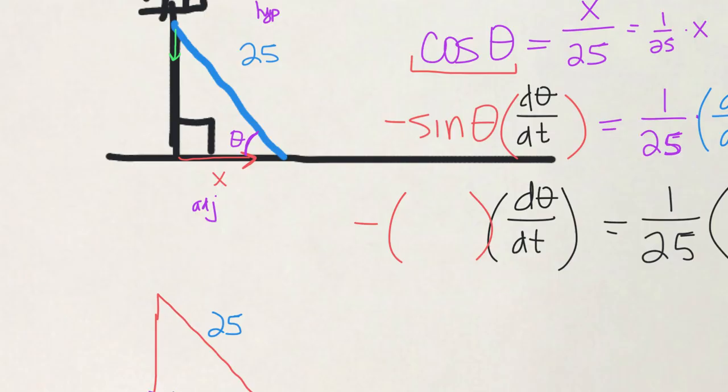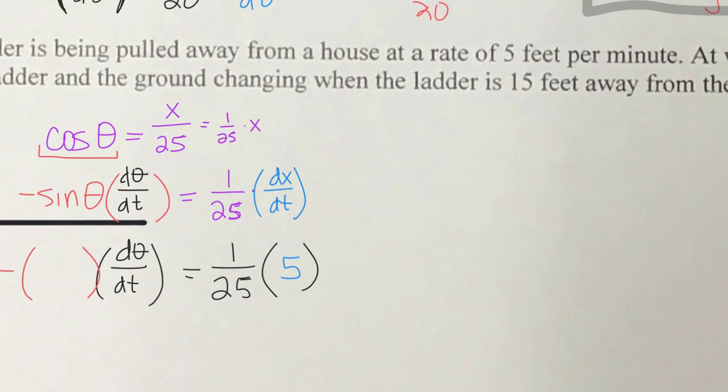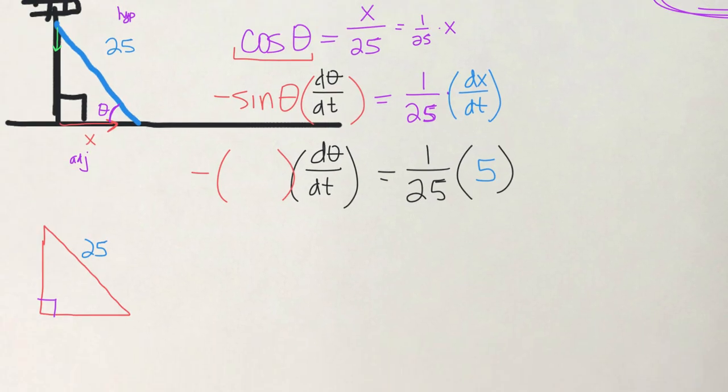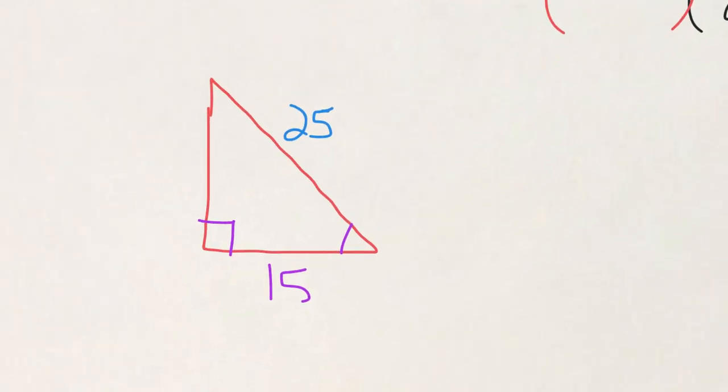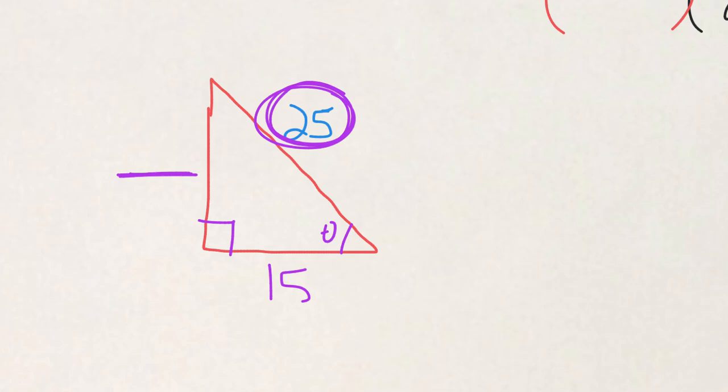The ladder is 15 feet away from the wall. This is where our 15 comes in. Our 15 helps us figure out what our ratio is for sine, because sine is opposite side over hypotenuse. So we have to take a second, use our Pythagorean theorem, and figure out what our opposite side is.